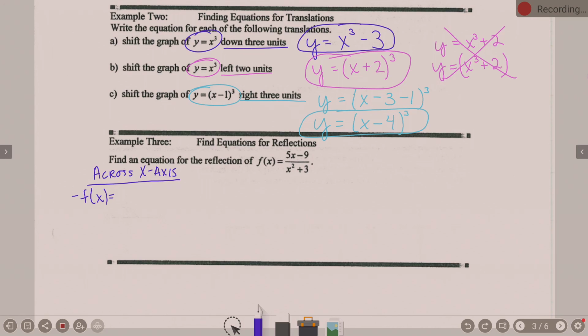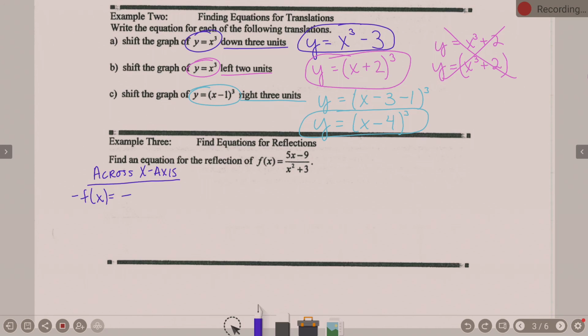It's a negative f of x, according to our notes. So a negative f of x means I'm taking the whole function and multiplying it by a negative. Now, if that's just 3 terms added together, you're multiplying each term by a negative. In this case, it's a fraction.